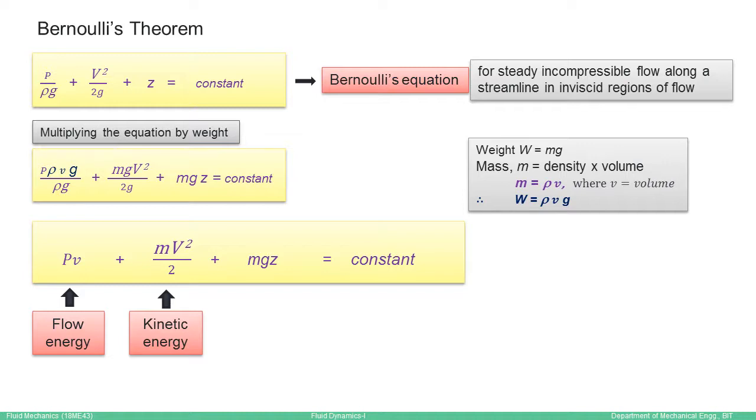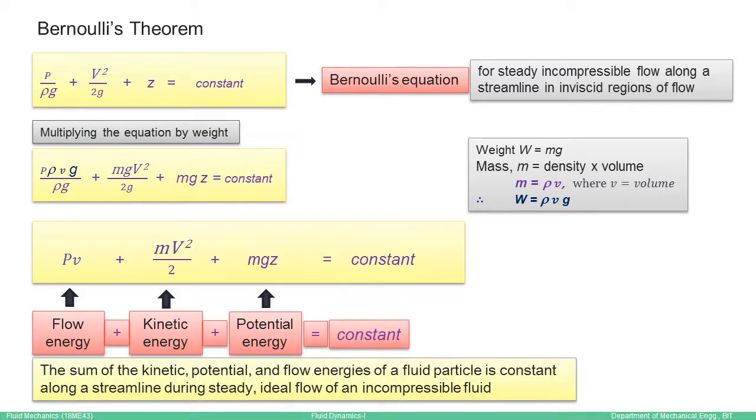And we know that m g z is the potential energy, that is because of its height. And now we can arrive at an expression for Bernoulli's theorem: the sum of kinetic, potential and flow energies of a particle along a streamline in a steady ideal flow of an incompressible fluid is constant.